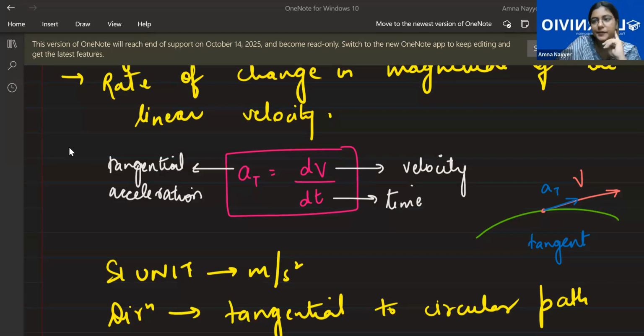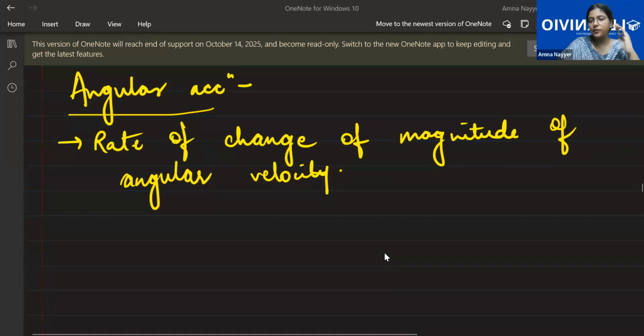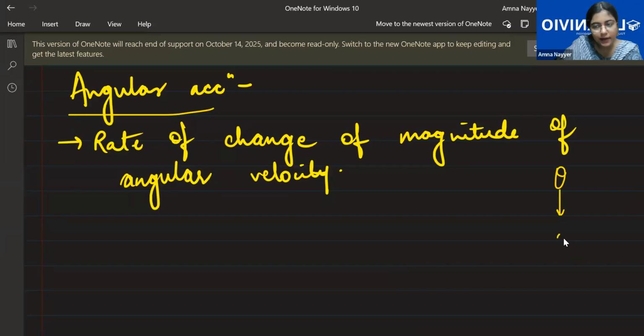Done? Yes, ma'am. Okay. The angular acceleration, the way we did it: initially we have angular displacement. When this changes with respect to time, we have angular velocity. Now, when angular velocity changes with respect to time, you have angular acceleration. This is like what you did in kinematics.